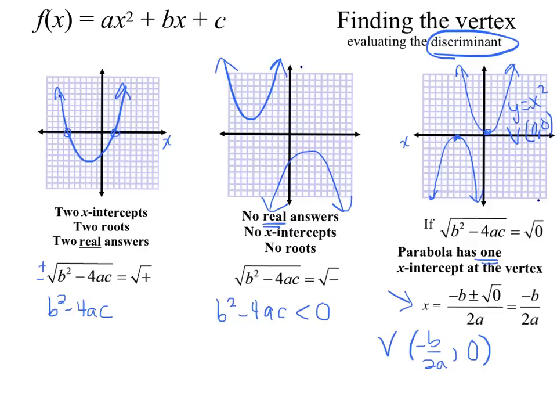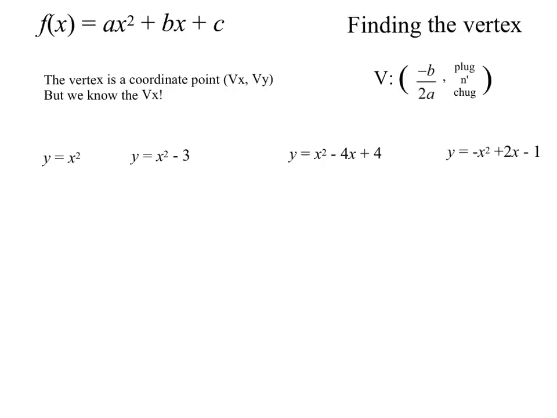What this ends up giving us is the x-coordinate of the vertex for any parabola. And then all we'd have to do is plug this x value in to calculate for the y. There's a much more formal proof that we can do, and we'll do that in class to show why it's the opposite of b over 2a. But for right now, I just want you to learn how to calculate the vertex.